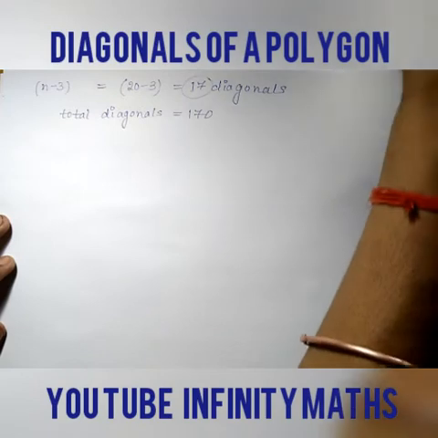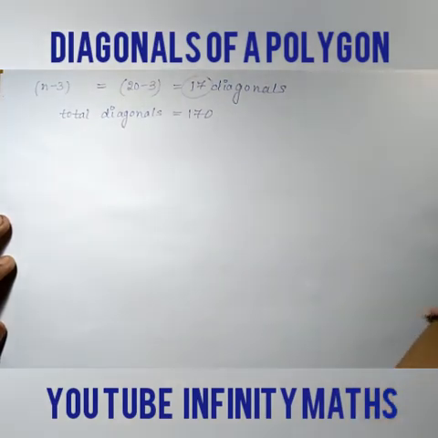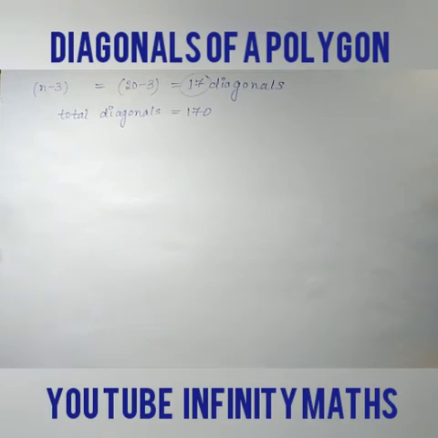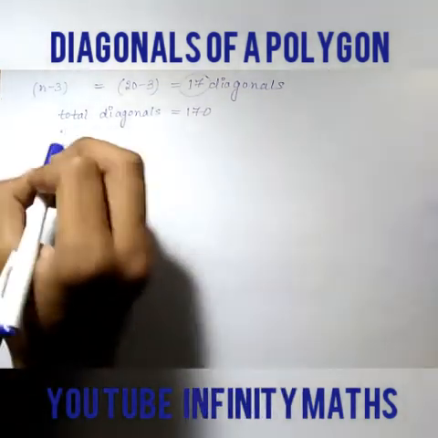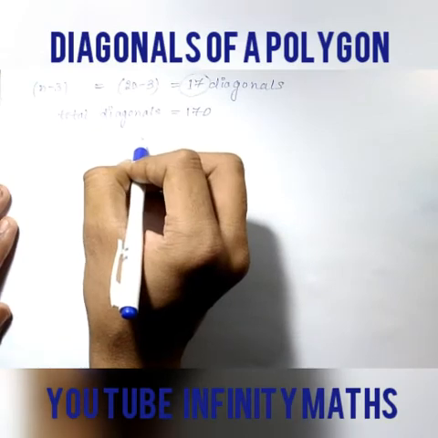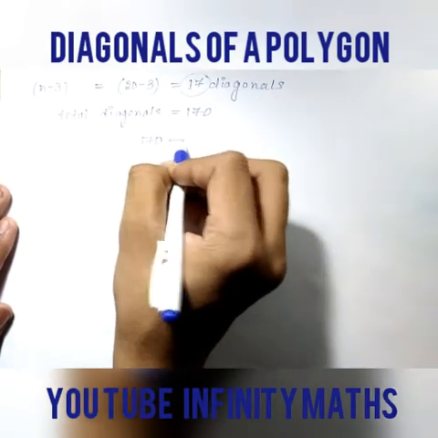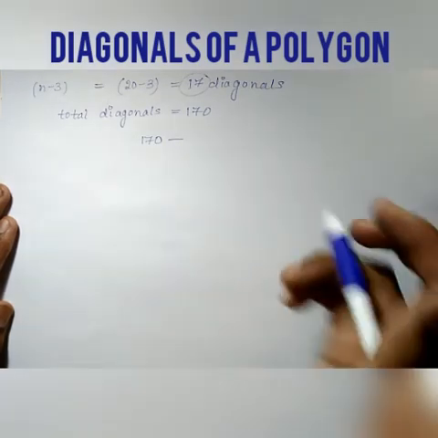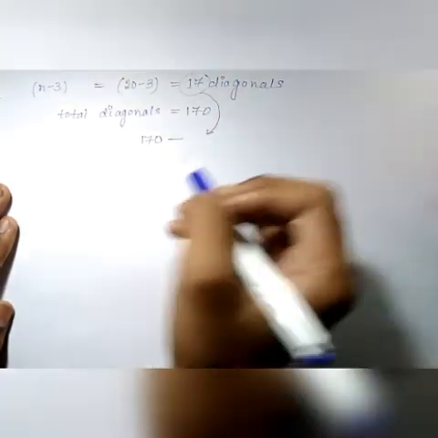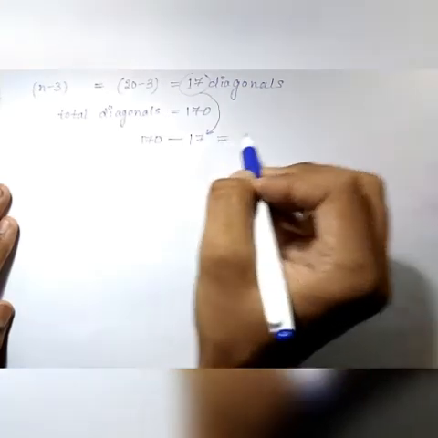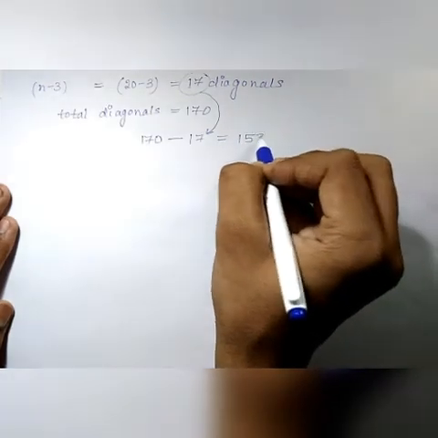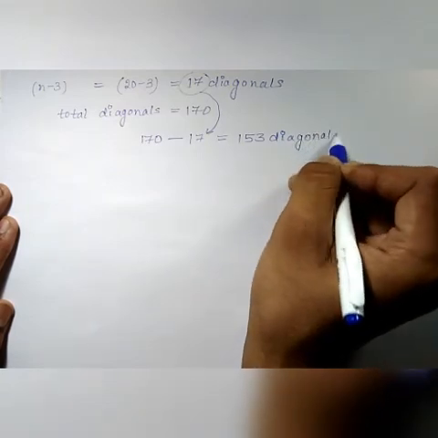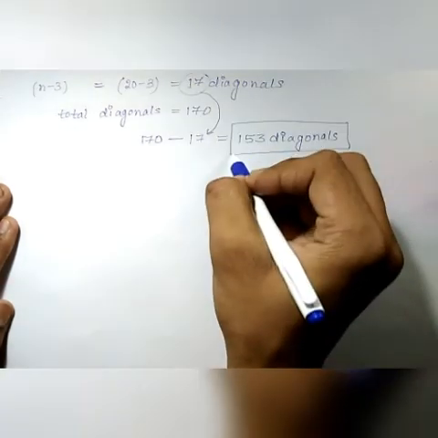So if one of the vertices does not send any diagonal, then our answer will be 170 diagonals minus the number of diagonals sent by each vertex, which was 17, equals 153 diagonals. And this is our answer.